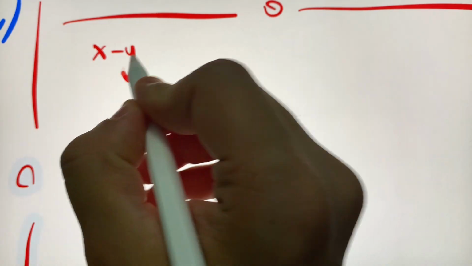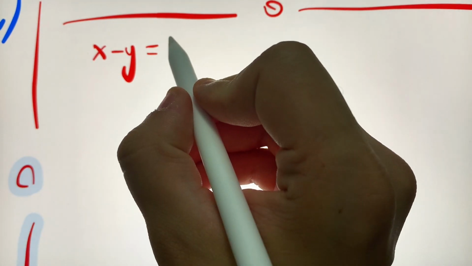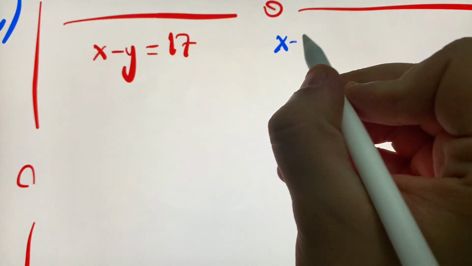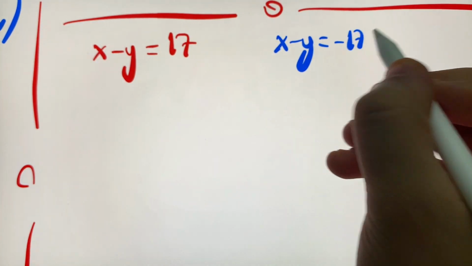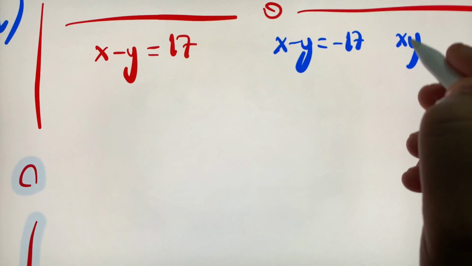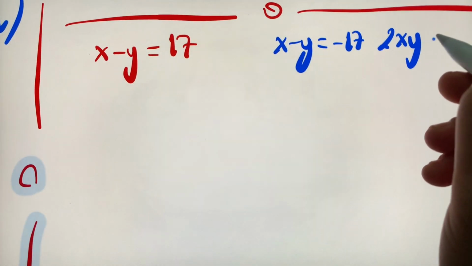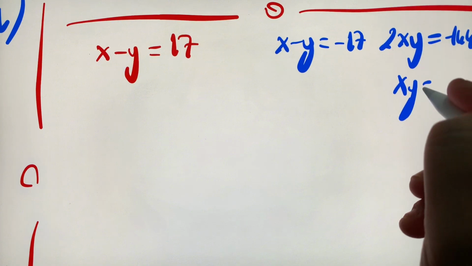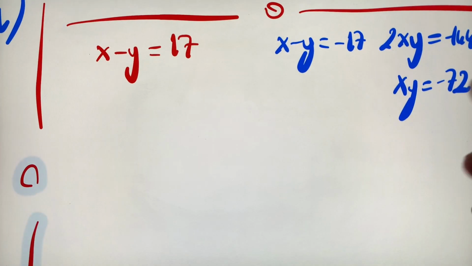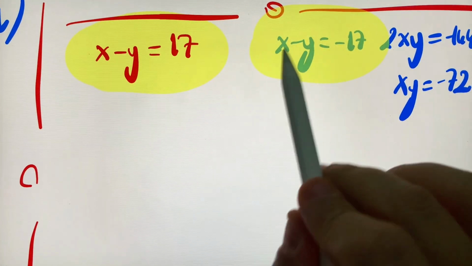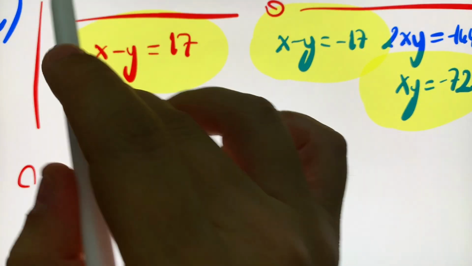The expression x minus y will be 17, and the expression x minus y will be minus 17. What else do we have? 2xy is minus 144, so xy is minus 72. From these three pieces of information, we will try to find integers x and y.